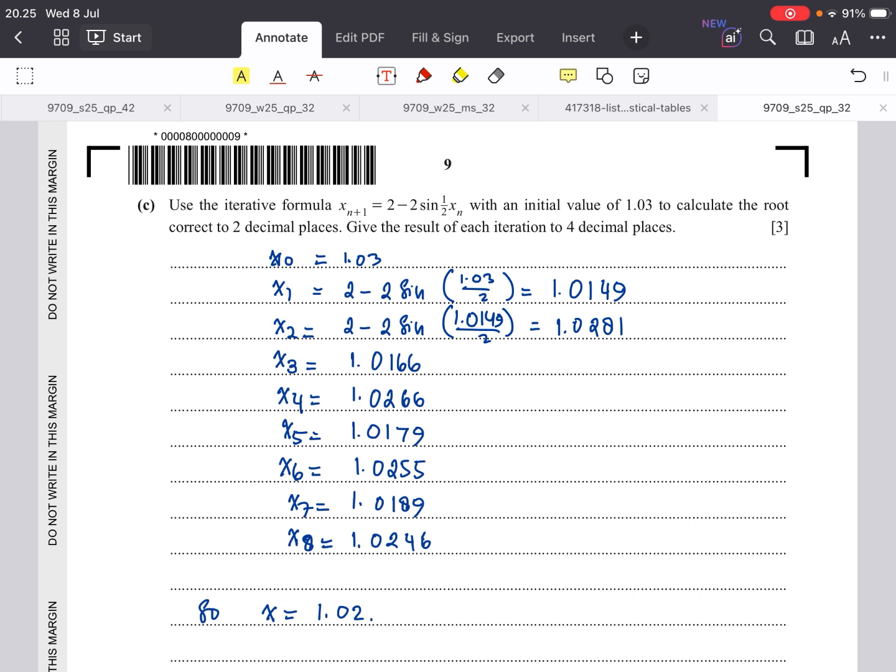So we start from x0 equals 1.03, and then for x1 we substitute the value of x with 1.03. We get 1.0149. And then for x2, we change the value of x here with 1.0149.